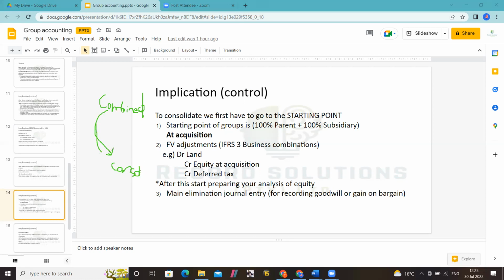So this process here is the consolidation process. And after you have your consolidated financial statements, how do you consolidate? You consolidate via these journal entries called pro forma journal entries.